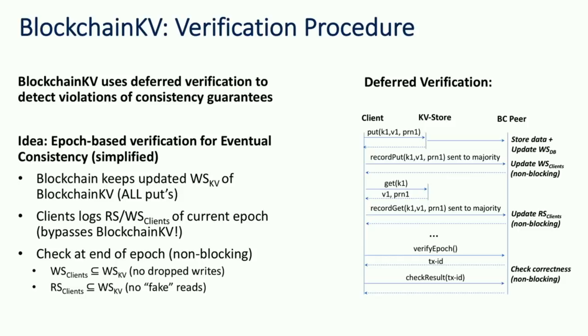And at the end of your epoch, when you have executed multiple puts and gets, you also run a verification procedure that checks whether the write set that the clients reported via their record calls is included in the write set that the key value store was seeing. And this is also, again, a non-blocking operation, meaning we submit that as a blockchain transaction, implemented as a stored procedure, as a smart contract, which checks if these two guarantees are satisfied.